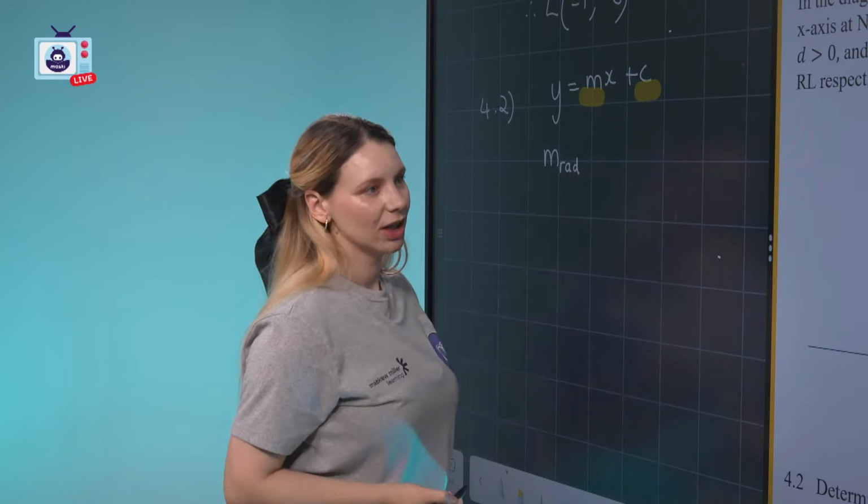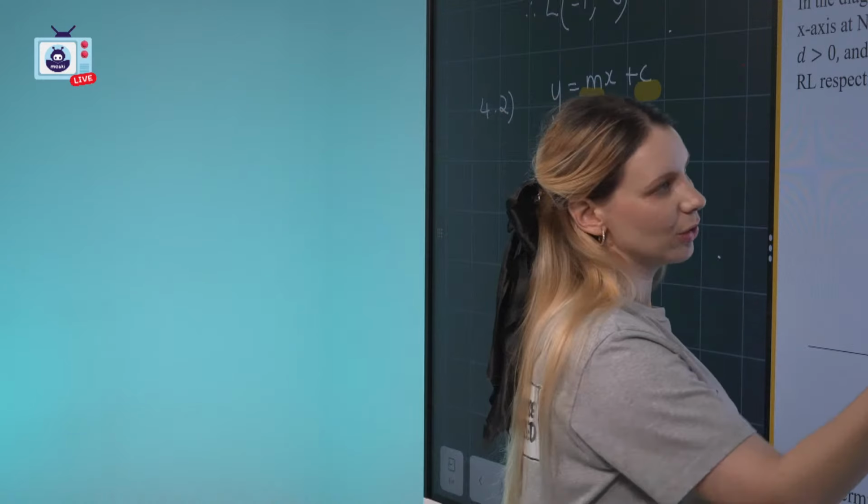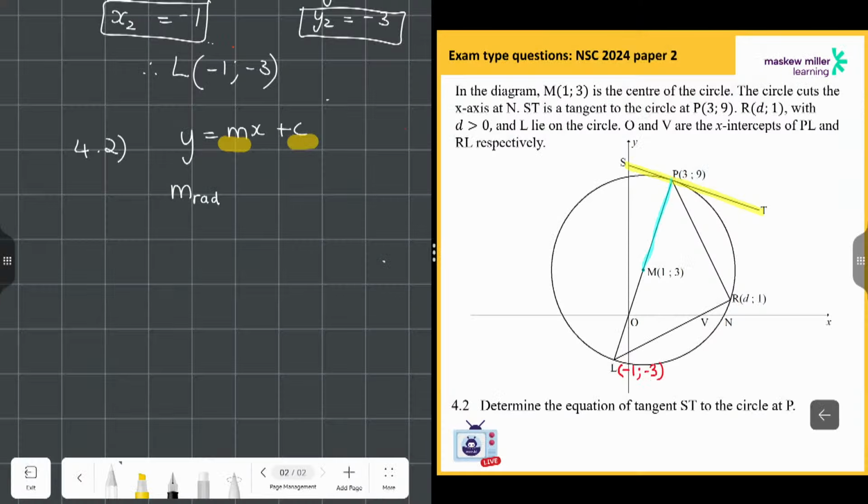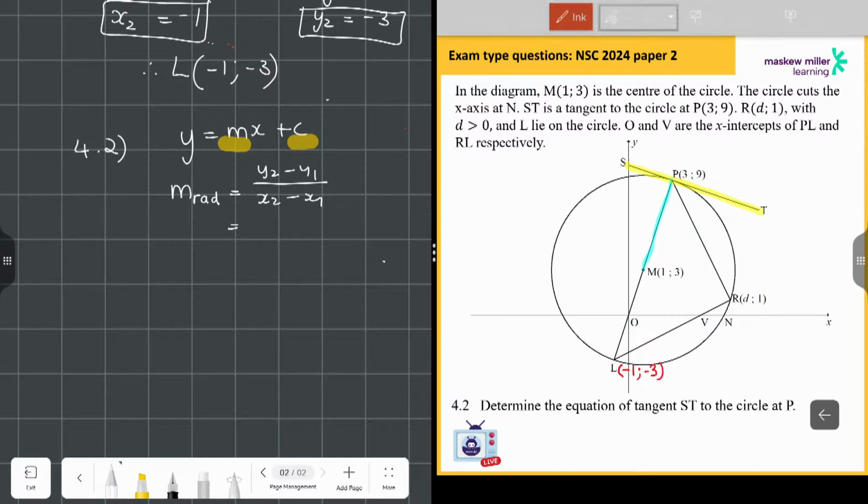The gradient of the radius is, and to work that out, we are going to use y2 minus y1 over x2 minus x1. And we're looking at points P and M. What I like to always do is label x2, y2, x1, y1, and then we just simply plug it into our formula.